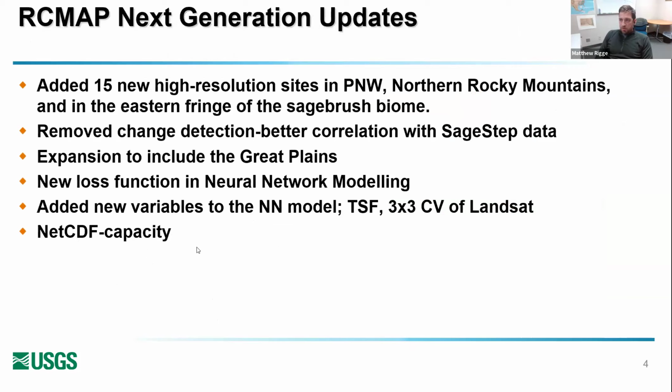In the new generation of RCMAP, which we're going to release next week, we have added new training data. We have improved our process by removing a change detection methodology, which will allow our products to fluctuate more through time, expanded our mapping area to the Great Plains, enhanced our AI methodology, and added a couple new independent variables to our model.